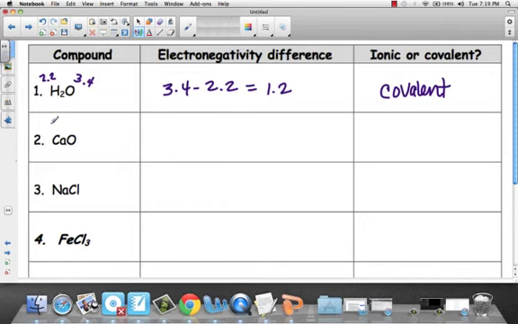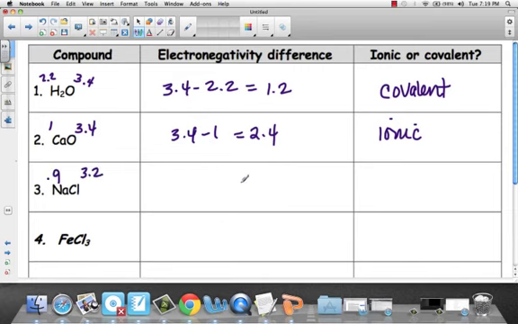So here we've got Ca, which is a metal, and it's got electronegativity of 1, and oxygen, which is 3.4. So 3.4 minus 1 equals 2.4. So this is greater than 1.7. It's definitely ionic, but plus we can see that it's a metal and a nonmetal. NaCl, this is 0.9, and Cl is 3.2.